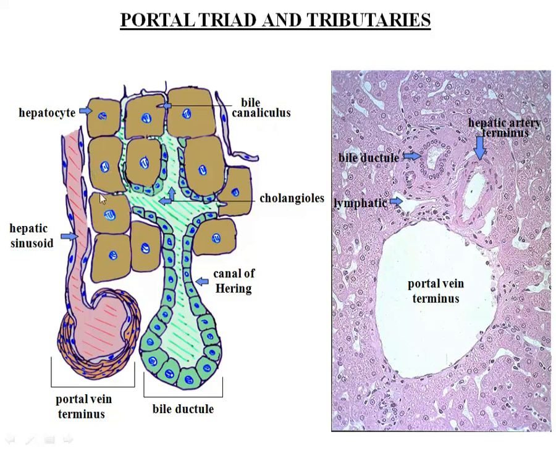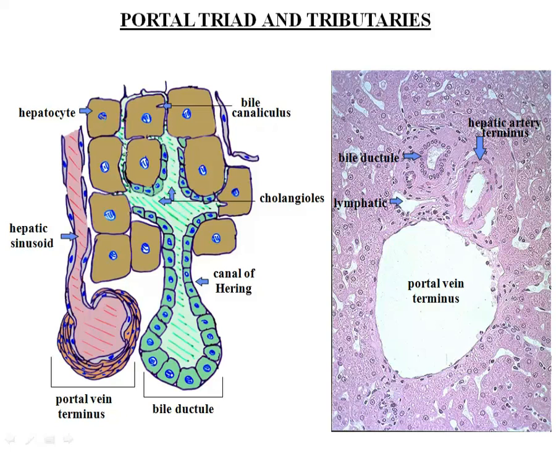Now simultaneously, on another side of this hepatocyte, one side is towards the blood and another side is open towards a gap. These gaps are called bile canaliculus, or the larger gaps are called cholangioles. These are related to bile secretion.